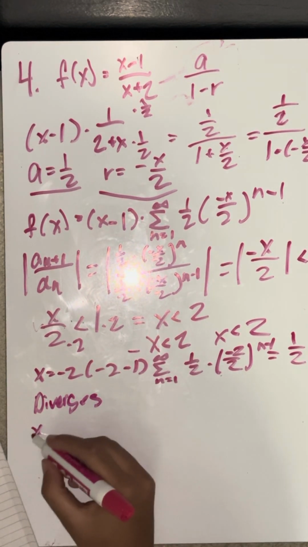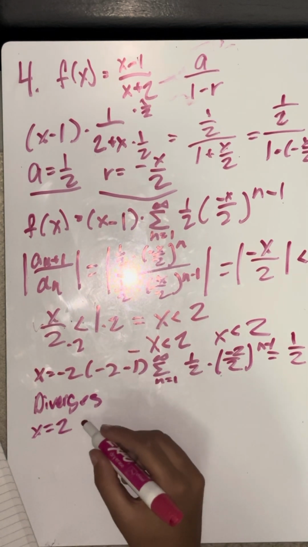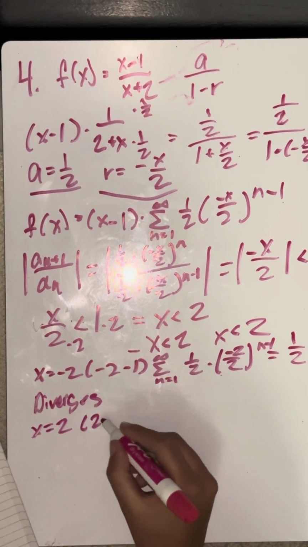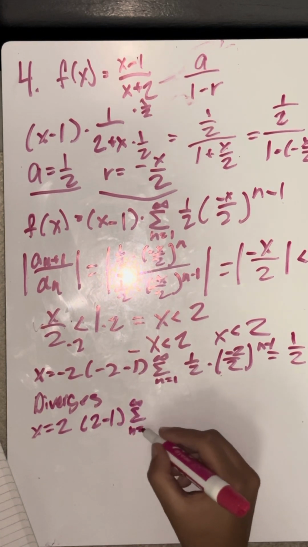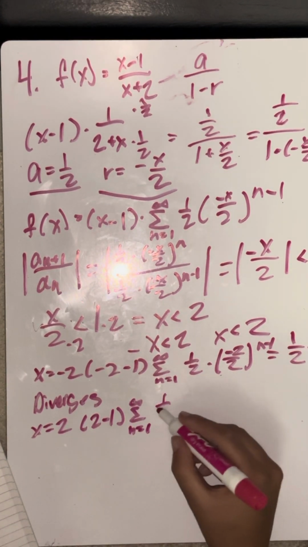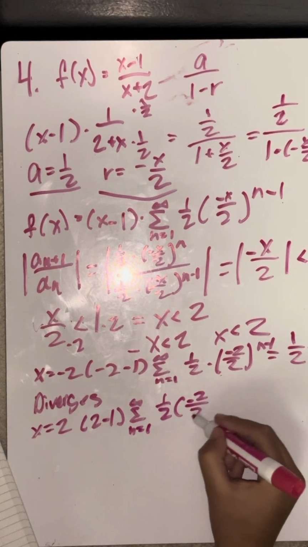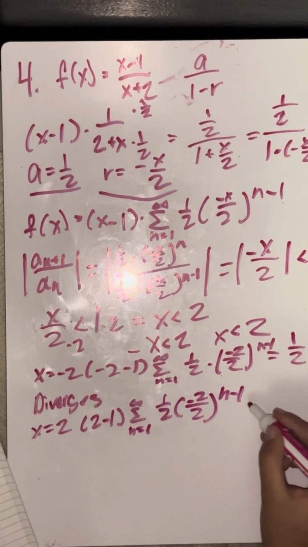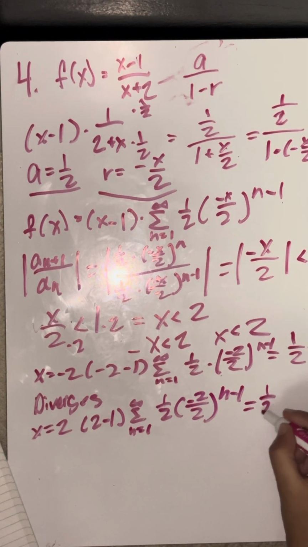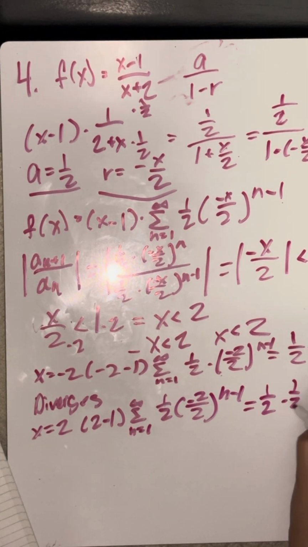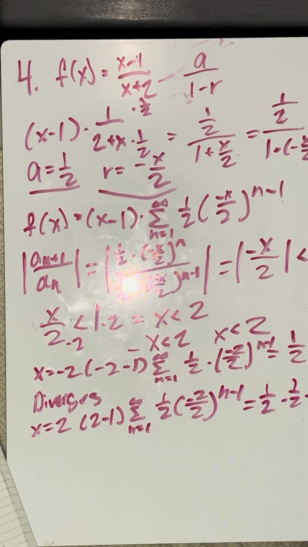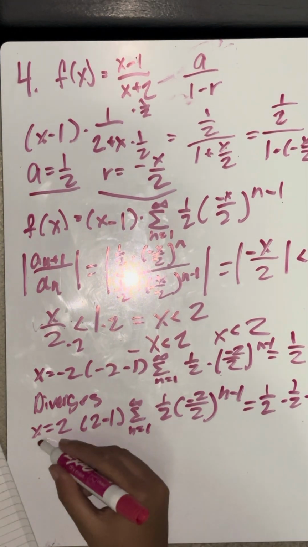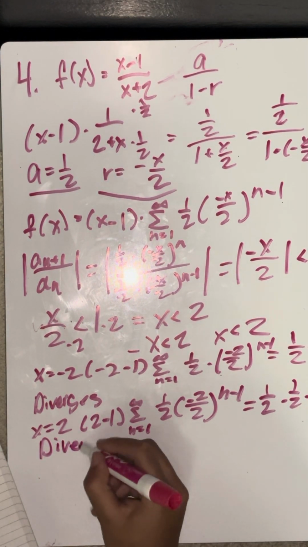And then x equals 2, 2 over 2 minus 1 equals 1, negative 2 over 2 minus 1, which is going to give us 1/2 minus 1/2 plus 1/2, which is just going to keep going on forever, which means it never approaches 0, which means it also diverges.